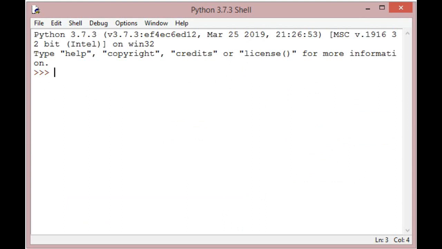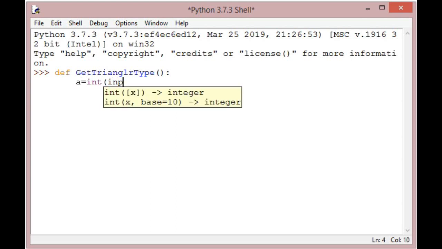Now defining the function as get triangle type. And now how many values do I need? I need 3 values here. So possibly I will take all 3 inputs in integer form.